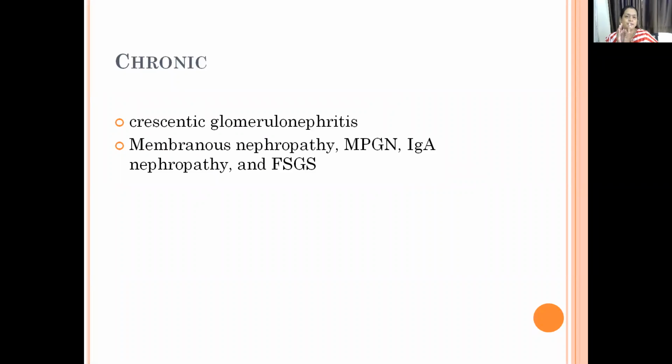So we have seen the systemic diseases. In the systemic diseases, we've seen IgA nephropathy. Then I just shifted the focus to the hereditary diseases, that is Alport syndrome and thin basement membrane disease. Now we come to chronic glomerulonephritis, CGN, which is a cluster of diseases.